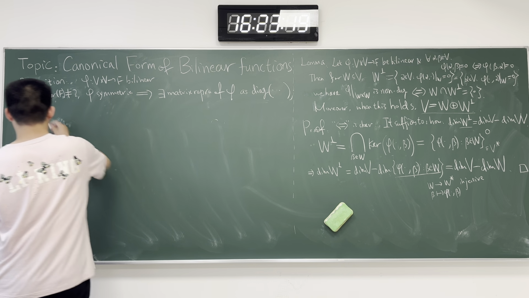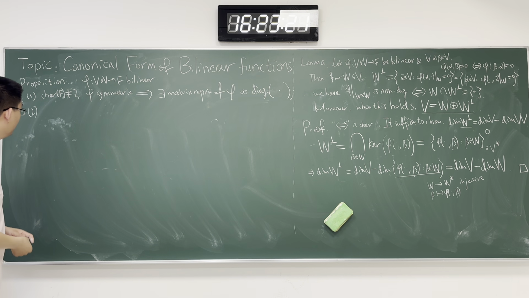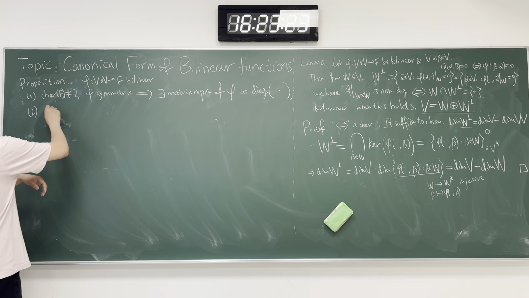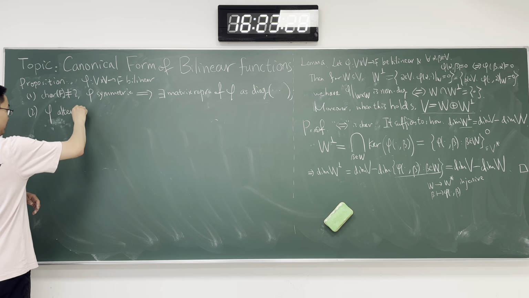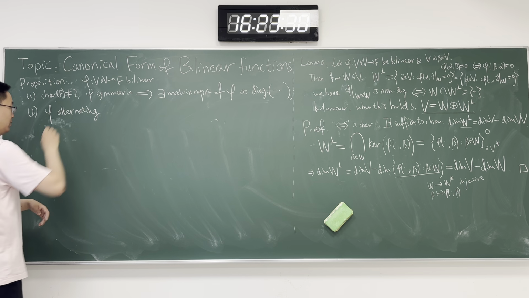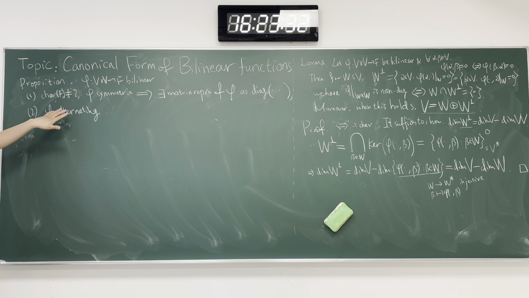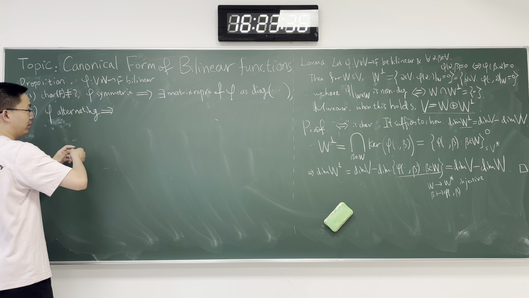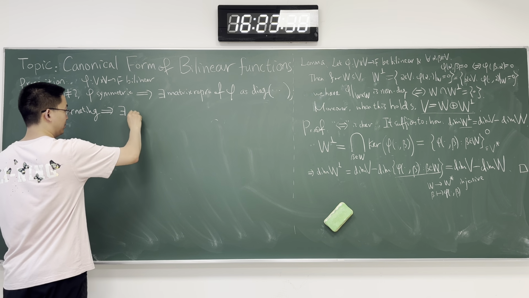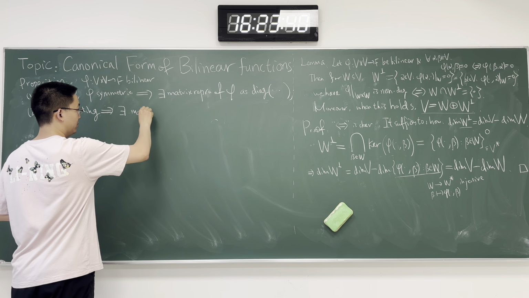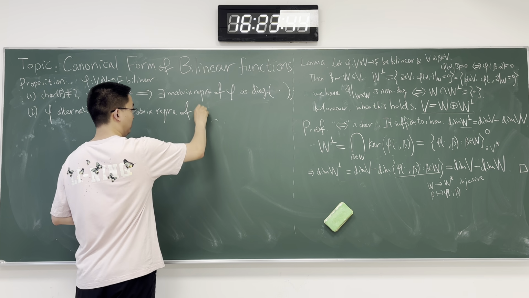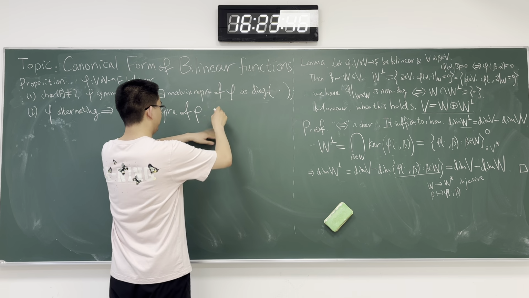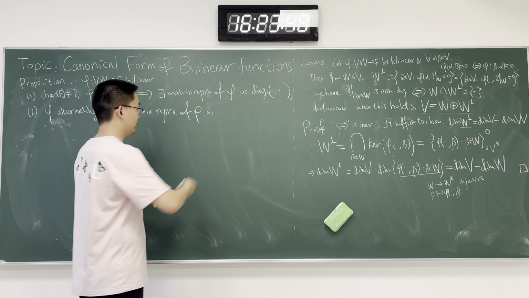And secondly, we consider those alternating bilinear forms, without adding assumptions on the characteristic of the field. This implies that there exists a matrix representation of phi in the following block diagonal form.